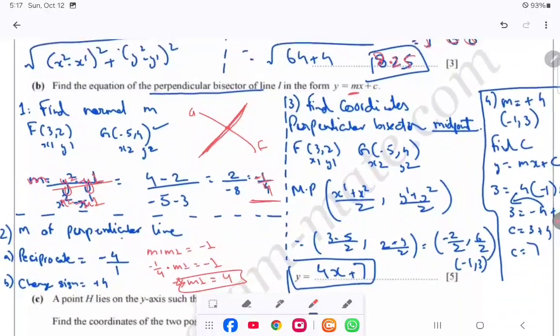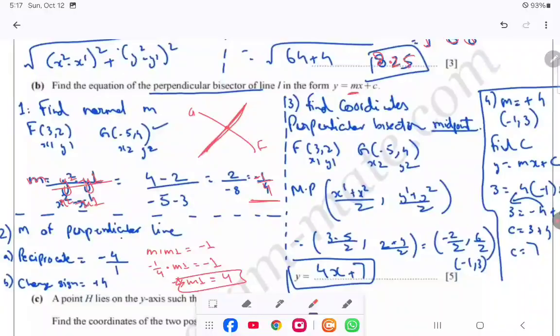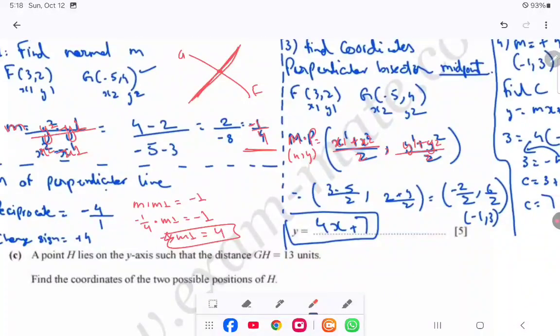We have to calculate the midpoint. The formula of midpoint is given right here: midpoint is equal to x comma y, which is equal to x1 plus x2 over 2 comma y1 plus y2 over 2. Solve it further.